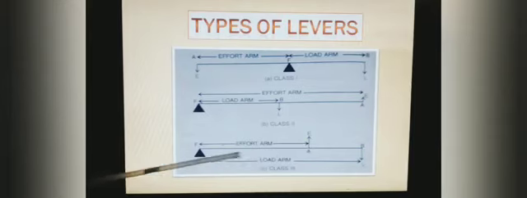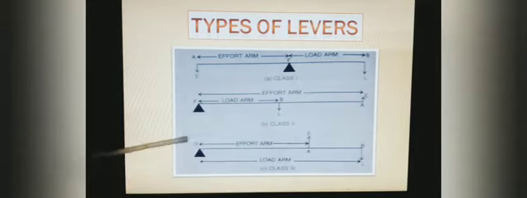Now come to the next case. Class 3 lever. In class 3 lever, effort comes between fulcrum and load. So this is a simplified diagram of a class 3 lever. The distance between fulcrum and effort is called effort arm. Distance from fulcrum to load is called the load arm.